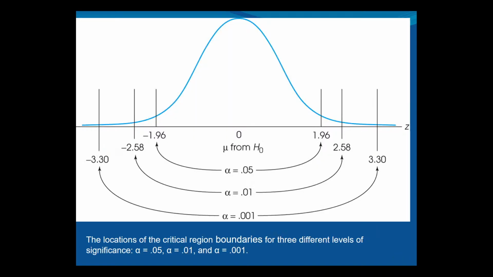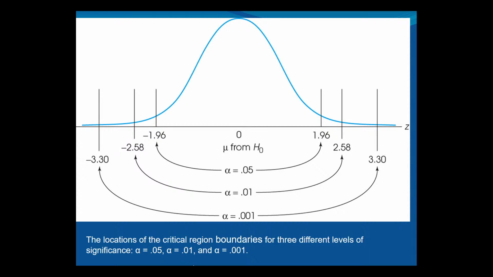On this slide, you see the locations of the critical region boundaries for 3 different levels of significance. If we use alpha level equal to 0.05, the critical region is from minus 1.96 to plus 1.96.